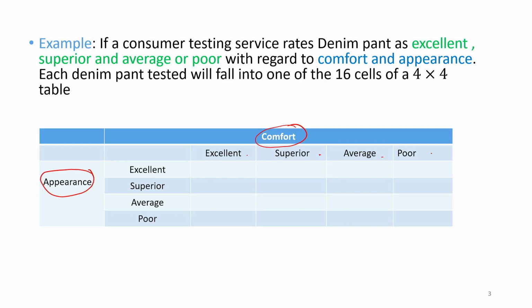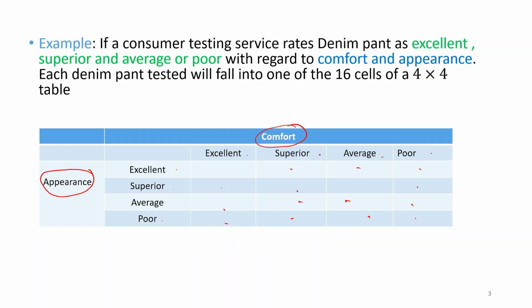And against appearance we are writing excellent, superior, average, poor. Now, if there are denim pants and they are rated in terms of comfort and appearance, these are the 16 cells within which the rating is going to lie.